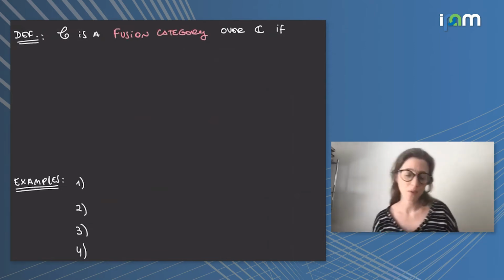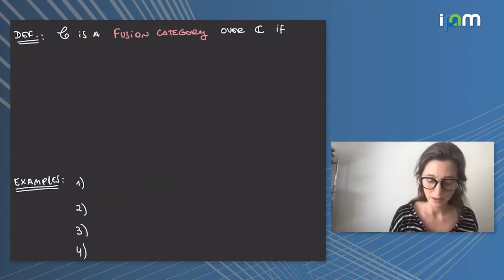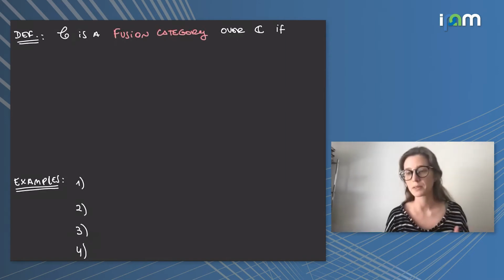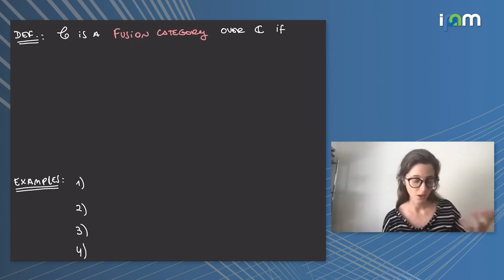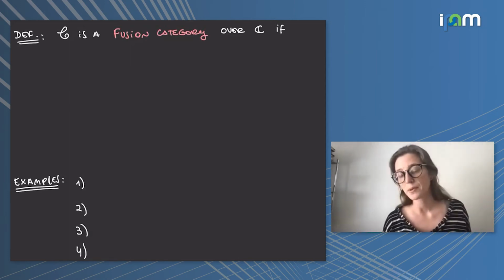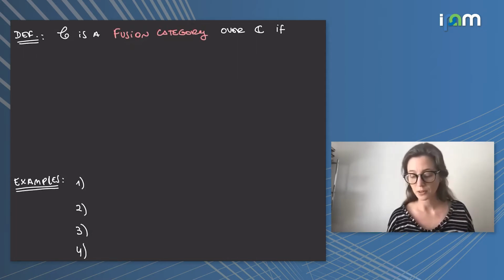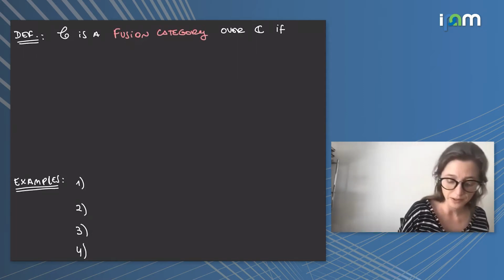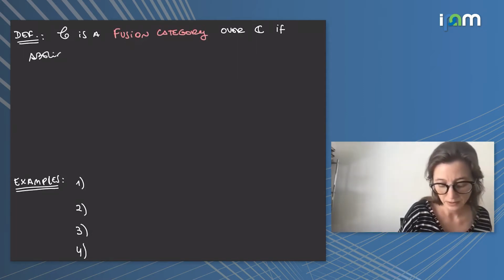I know that you have already heard the definition from many people. I will go over it just very quickly because I want to mention invariants related to these categories, and I want to point out the different things that I will use. So a fusion category over the complex numbers is an abelian C-linear category.